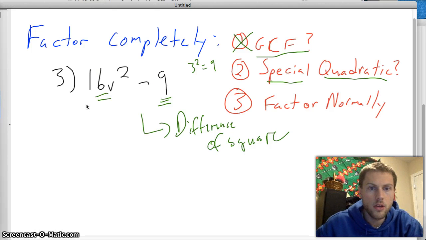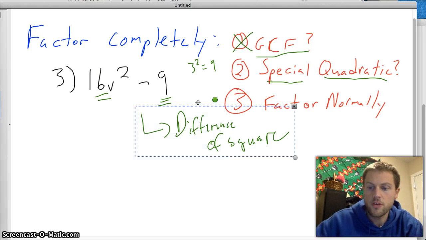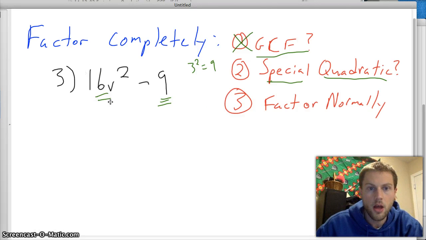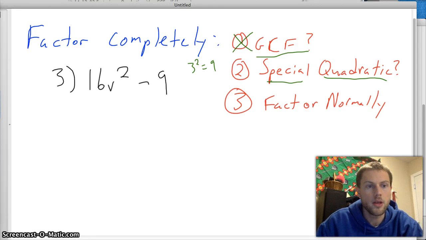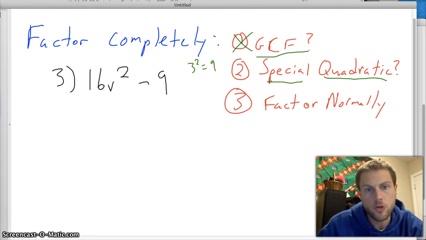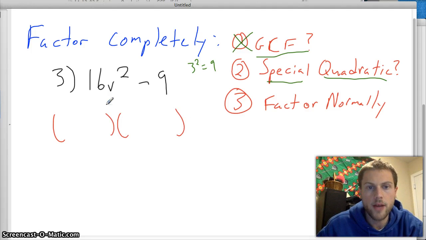So what I can do then is use the difference of perfect squares formula to factor this completely. To factor the difference of two perfect squares, it's always going to have the format of the square root of this minus the square root of this.